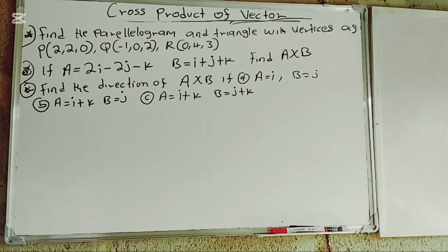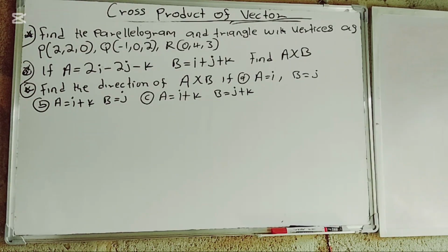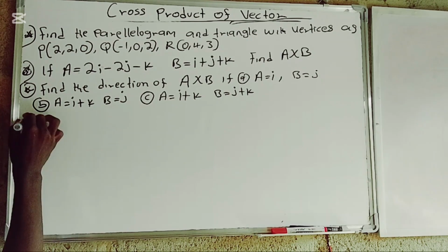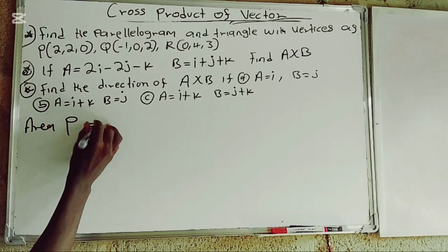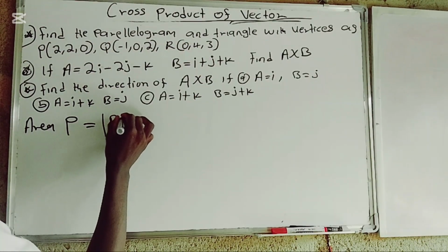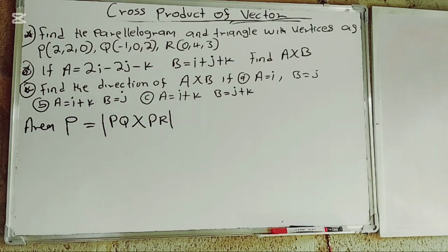The question says we are to find the area of the parallelogram and triangle with vertices P, Q, and R. Don't forget, we already have the formula for the parallelogram, and also the formula for the triangle. Solution: the area of the parallelogram is the same thing as the magnitude of PQ cross PR.